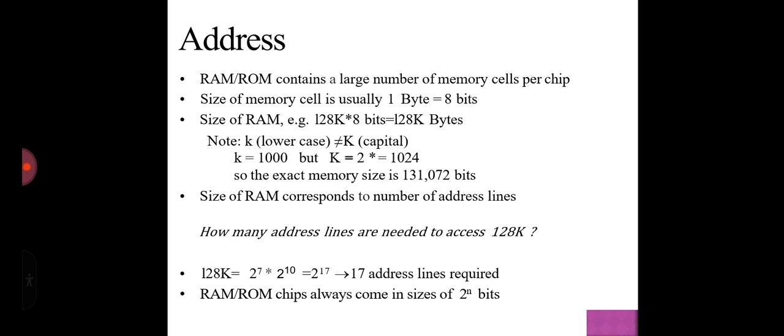And 128K equals 2 to the power 7 times 2 to the power 10, equals 2 to the power 17, which indicates the address lines. Therefore, 17 address lines are required. RAM or ROM chips always come in sizes of 2 to the power n bits.